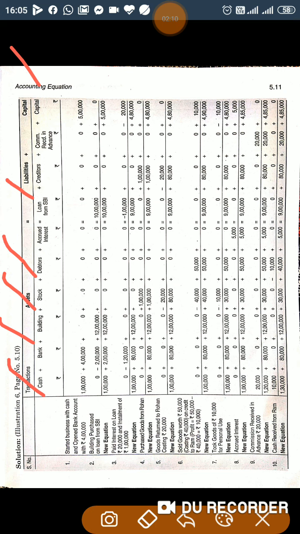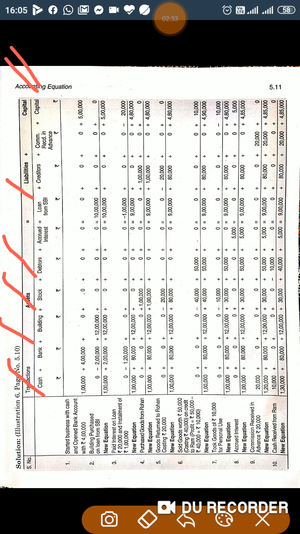So interest on loan is an expense for the business. It should be deducted from the capital. Capital is already written. Loan is decreasing because of the installment. Loan is already written. Cash is going out, bank will be decreased. So bank is already written.